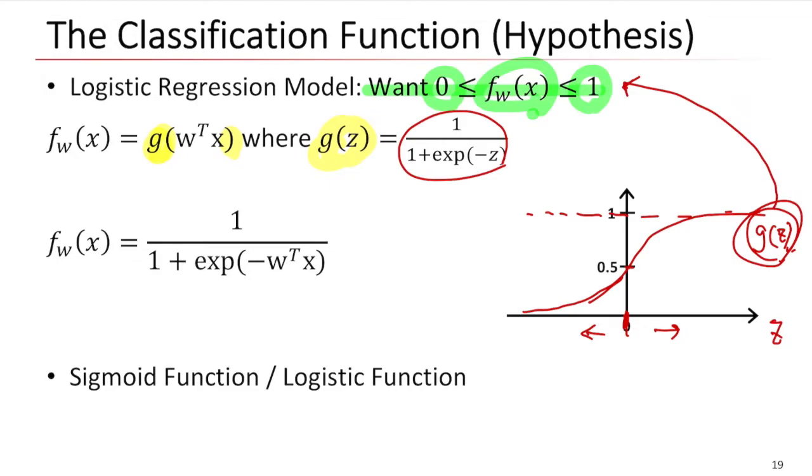Then we can also determine z as just a linear equation with the machine parameter W and the input vector X. So actually it is similar to the linear regression problem, right?